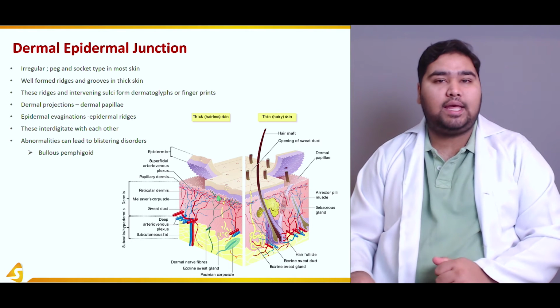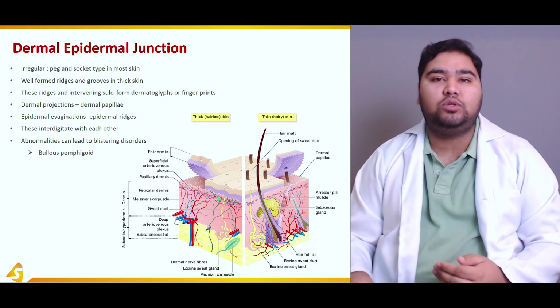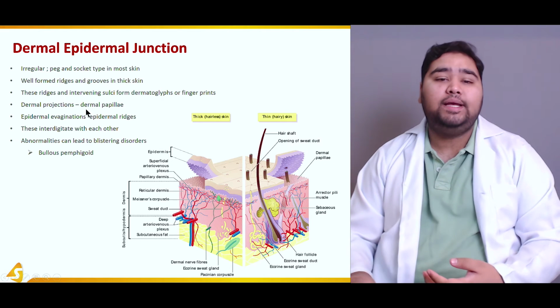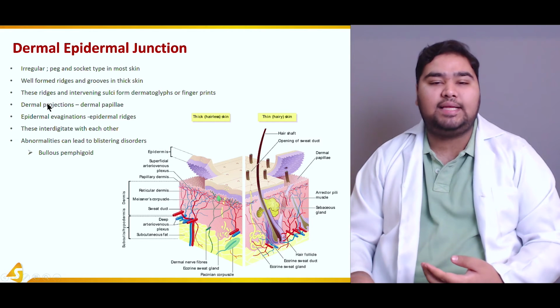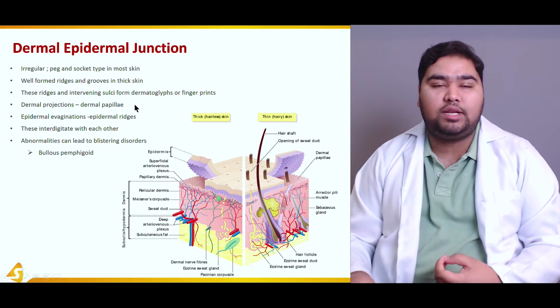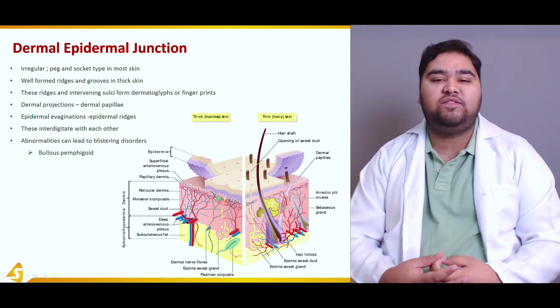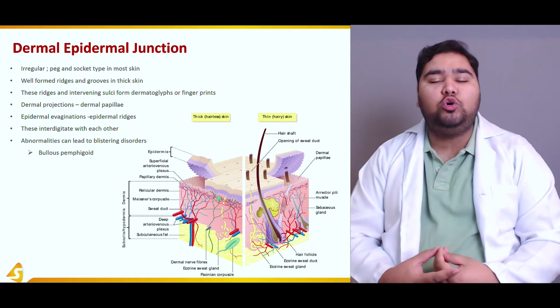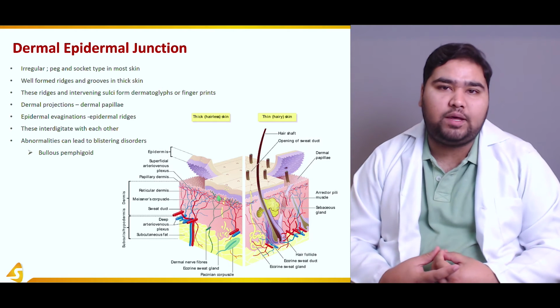Where was thick skin again? Thick skin was in the soles and feet only. The rest of the body has thin skin. These ridges and intervening sulci form the dermatoglyphs, commonly known as fingerprints. Fingerprints are individual. No two people have the same fingerprints.